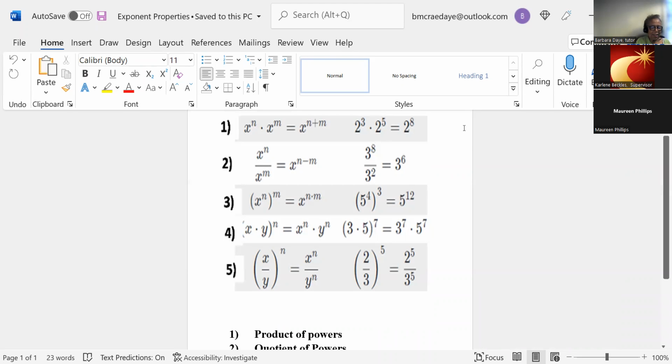Now, is that clear? Yeah. Okay, so if I gave you a sample question and it was a multiplication with the same base, then it would match property number 1. Got it? Yeah.